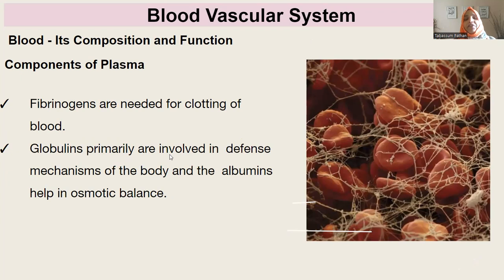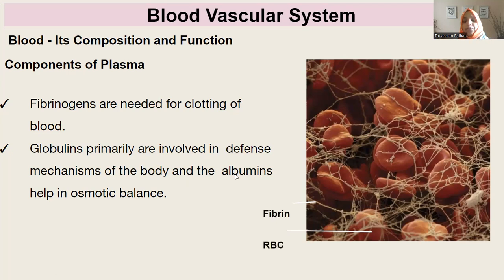They will protect your body from bacterial attack, viral attack, and any kind of infections. So globulins are primarily involved in the defense mechanism of the body, and albumins are those proteins which maintain the osmotic balance, the salt water concentration in your blood system. To maintain that, albumins are required.